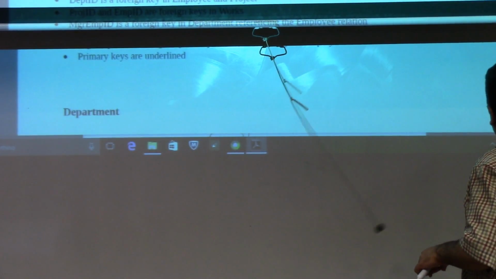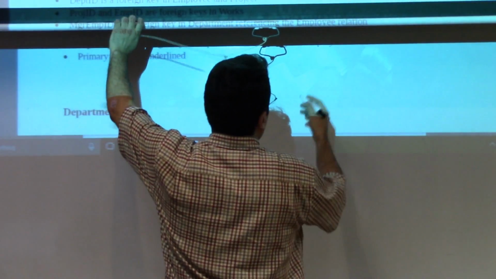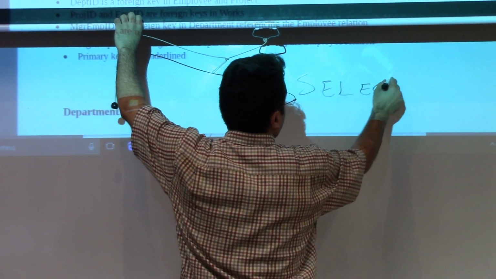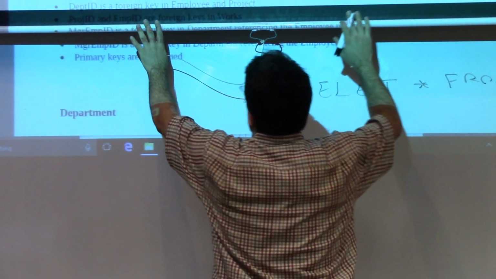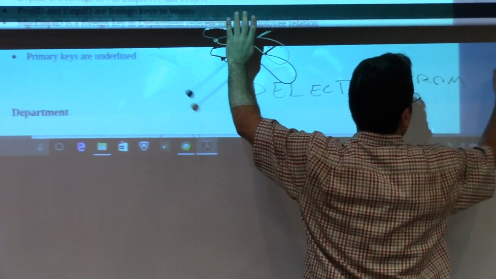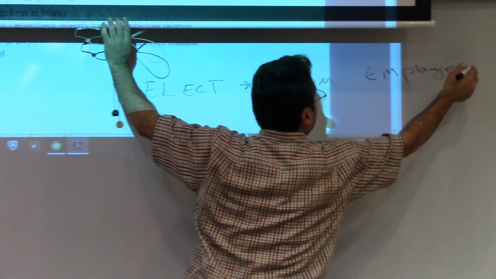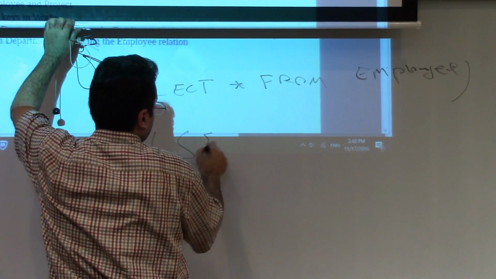If the table does not have any primary key, and possibly you can have duplicate records, you can write select star from, minus select distinct.